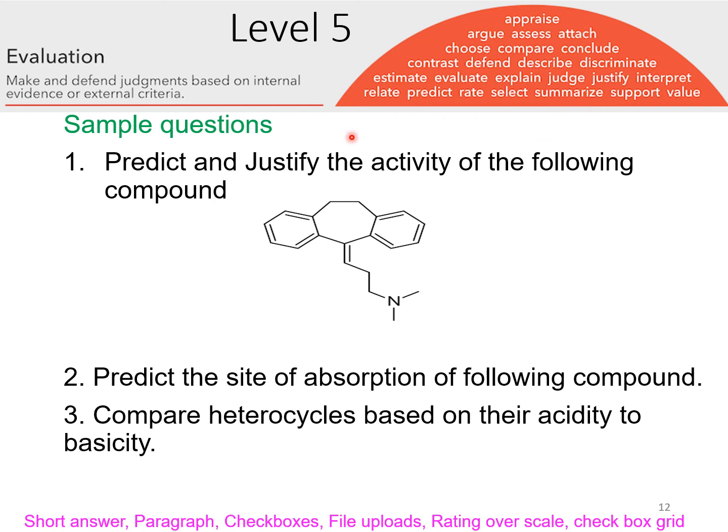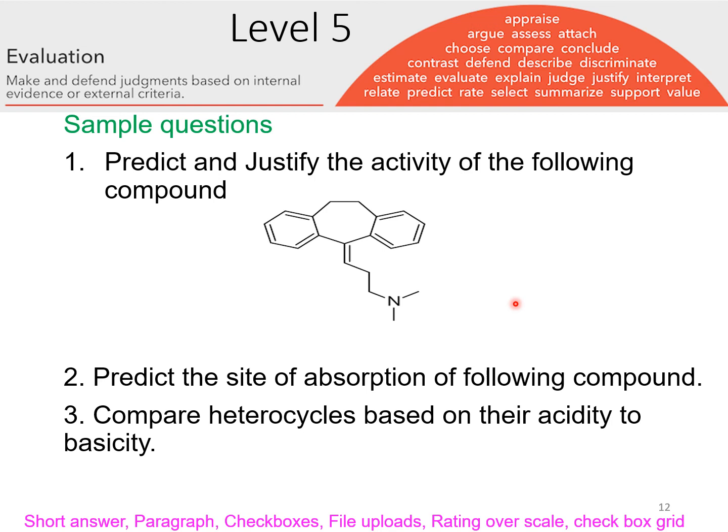So suppose their syllabus has the structure of, say, imipramine. You can give them any similar structure which they have not seen, and you can ask them, predict and justify the activity of this compound. Now you are not telling which activity. So out of all the classes of drugs they have seen, they might have pointed out that azoles, they have antifungal activities.